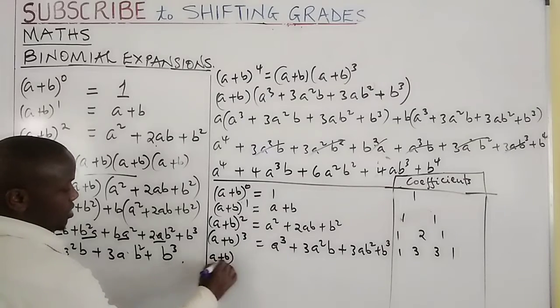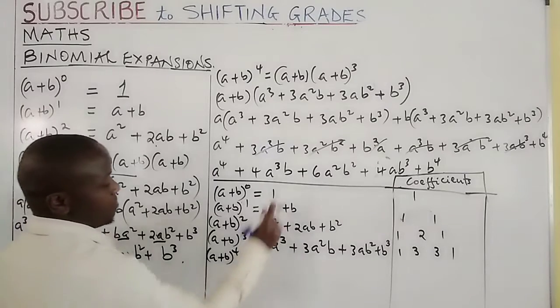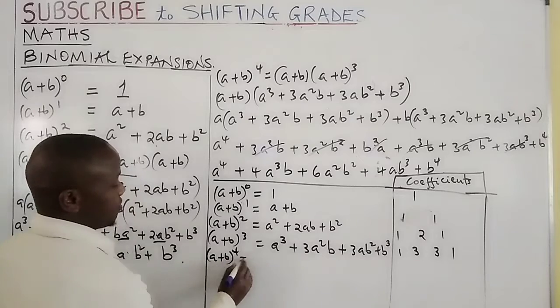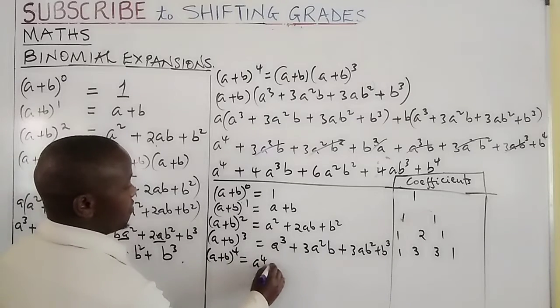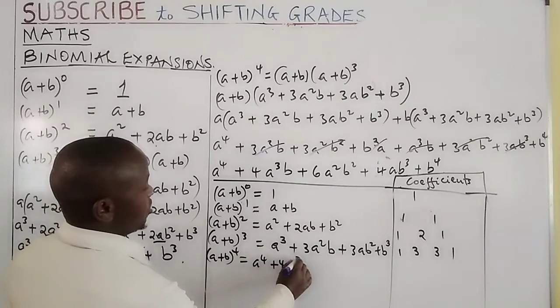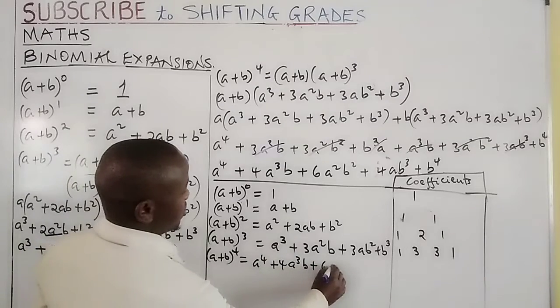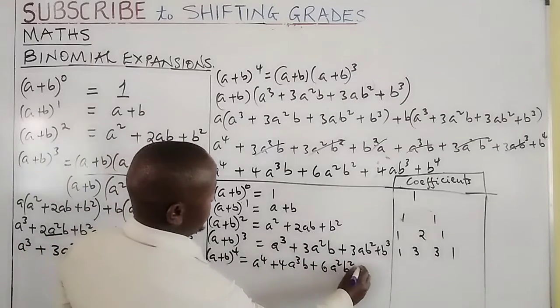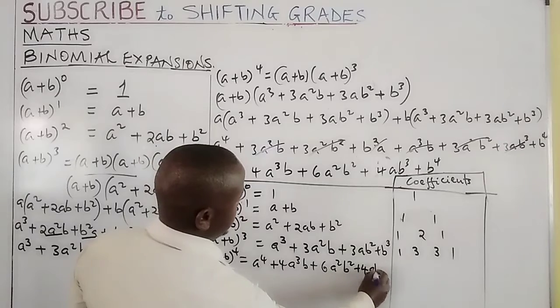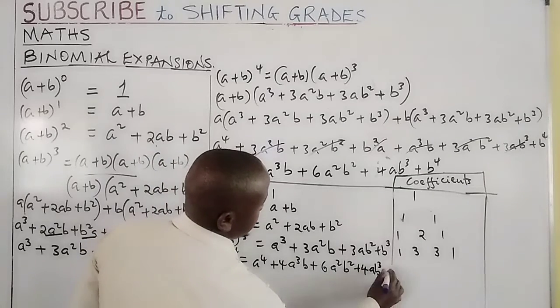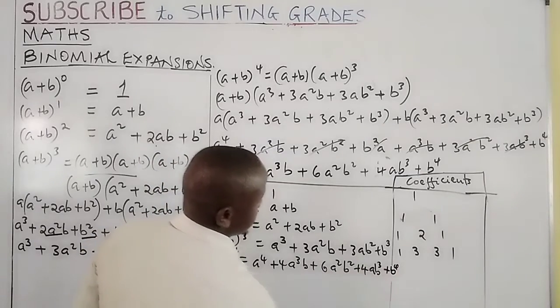A plus b power 4 is just above, where we shall have a power 4 plus 4a cubed b plus 6a squared b squared plus 4ab power 3 plus b power 4.